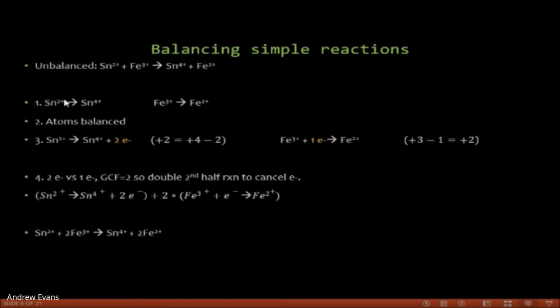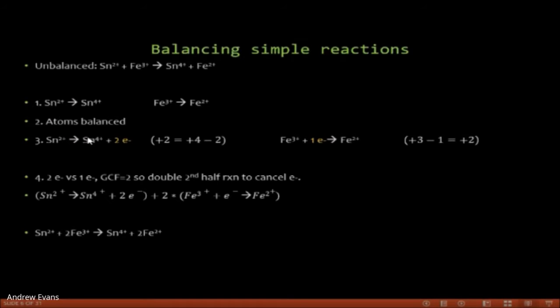So we're going to split this: Sn2+ to Sn4+, Fe3+ to Fe2+. Then we look: are they balanced? Yes. 1 tin, 1 tin. 1 iron, 1 iron. Now we add the electrons.